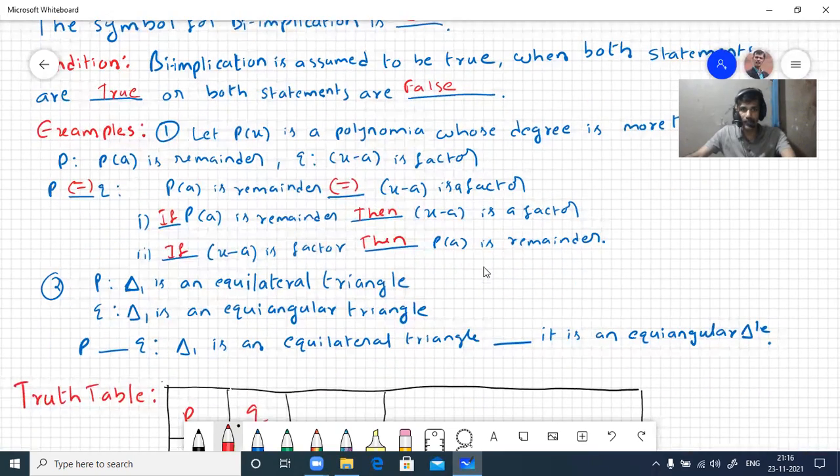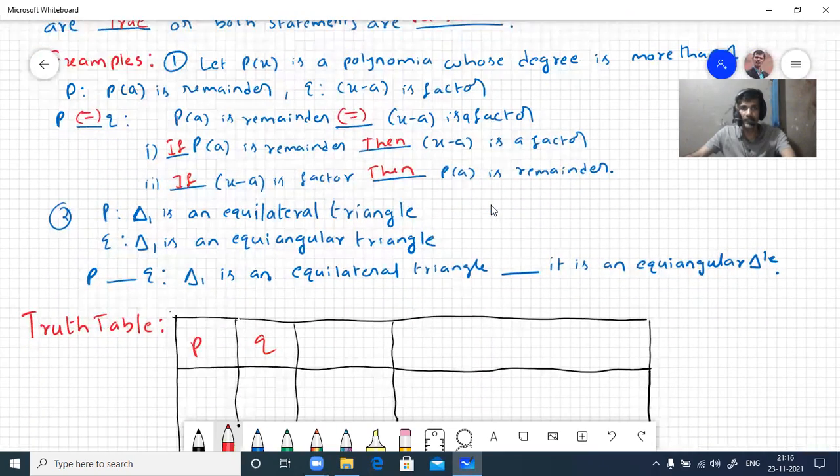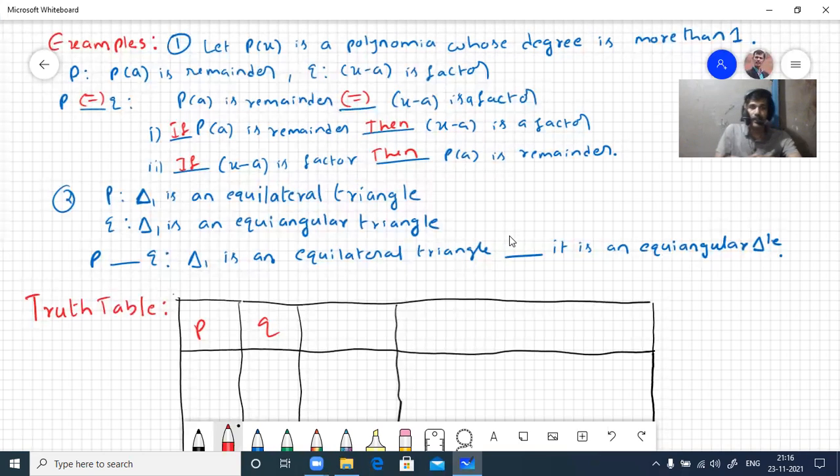One more example. If triangle 1 is an equilateral triangle, then another statement we have defined is that triangle 1 is an equiangular triangle. How can you write p bi-implies q?